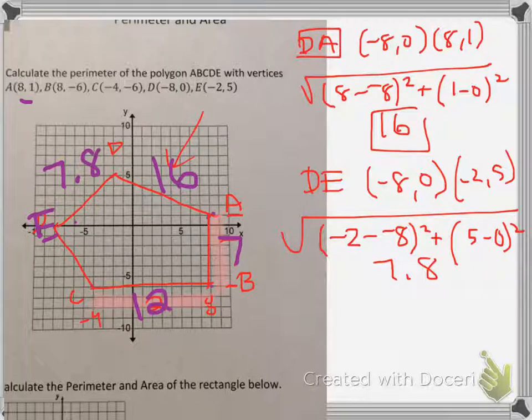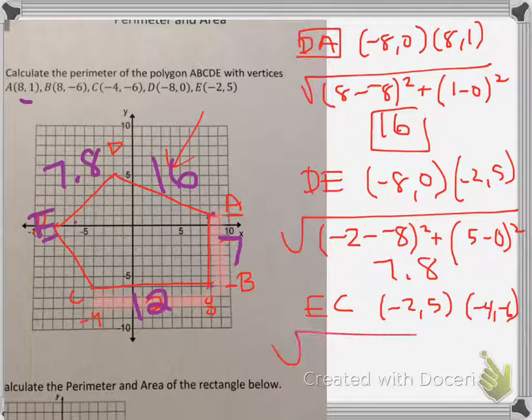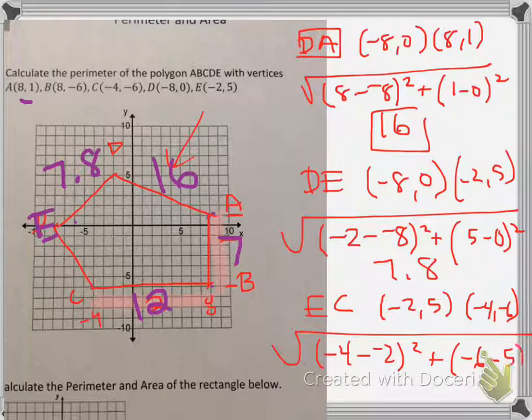Okay, then we just have one more distance to find over here. We've got to go E to C. So E's ordered pair is -2, 5. C's ordered pair is -4, -6. And we're going to punch that through the big distance formula. So x2 minus x1 squared plus y2 minus y1 squared. And we're going to punch that through our calculator.